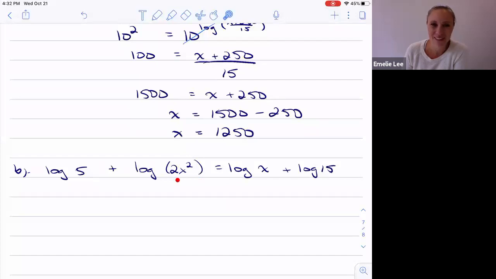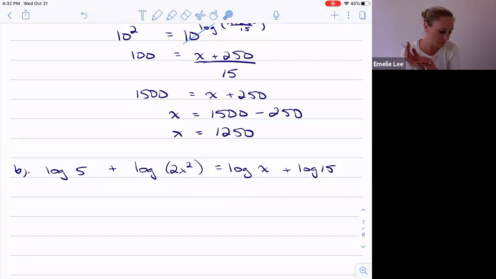This one, even trickier, because you've got x's kind of in multiple locations, but a nice part is that you've got a log base 10, log base 10, log base 10, log base 10. So you've got the same base everywhere. So you should be able to combine these into a single log.